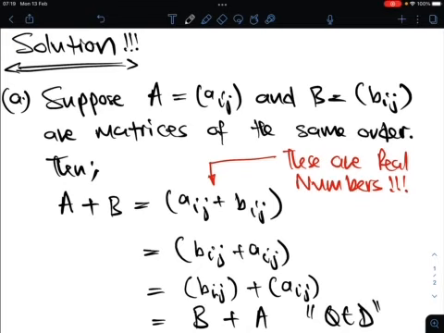This is how you can go about proving that the addition of matrices is commutative. We are using algebraic notation and we are exploiting the properties of real numbers without having to prove them. Because in a proper setting, we don't have to assume the commutative property of real numbers until we've proved that.